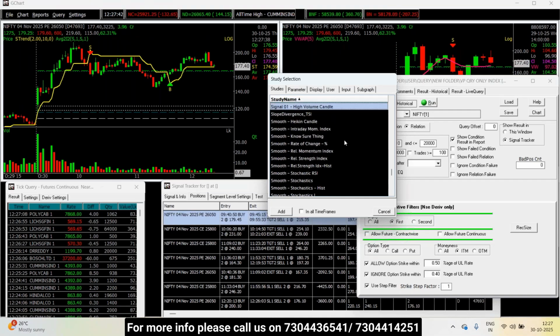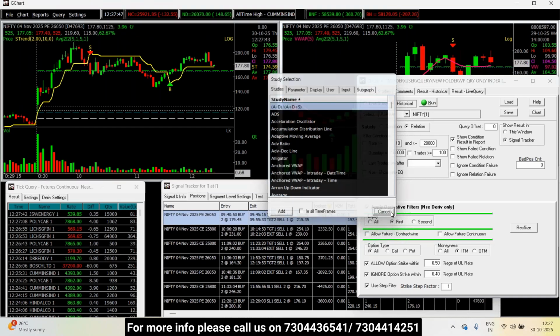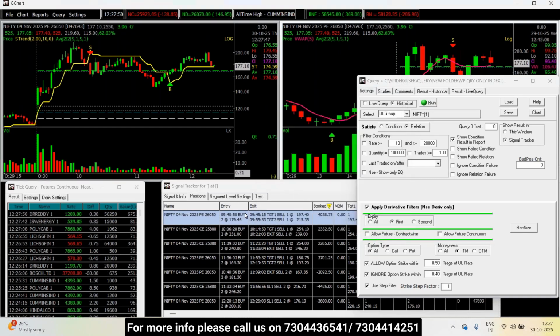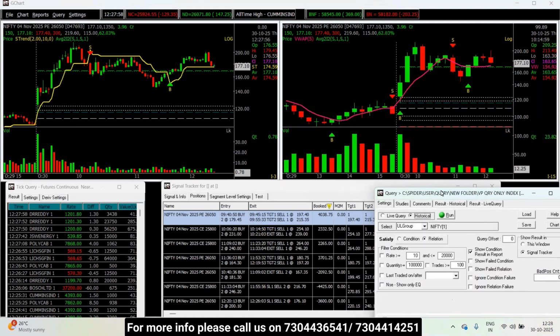So you can use those indicators. By combining indicators, we can make strategies. Based on the strategies, you will get real-time buy-in signals, and Algo will do the rest of the things. I hope you got a clear idea about how Algo and the technical query will take a crucial role in AI trading.